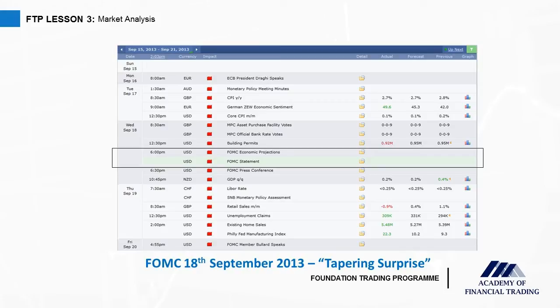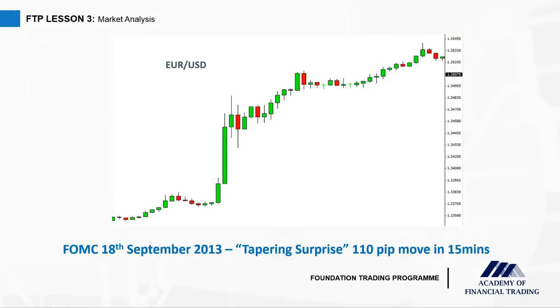On this 5 minute euro dollar chart, we saw a 110 pip move in 15 minutes flat, with another 60 pip run over the next couple of hours. For those of you who are interested, they did finally start the taper, but they tapered by 10 billion on December the 18th, 2013, some 3 or 4 months later. So that's another example of the impact these things can have on the financial markets.